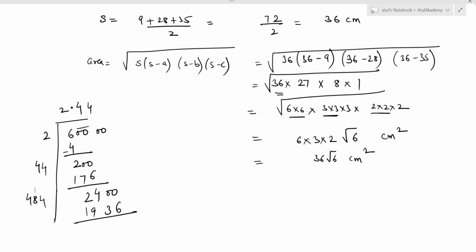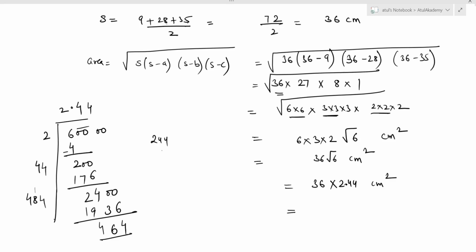Okay. So let's see the remainder. How much is it coming? It's smaller than that only. Clear. So it's 2.44 coming out to be. So you can either use this 36 into 2.44 centimeter square, multiply it.